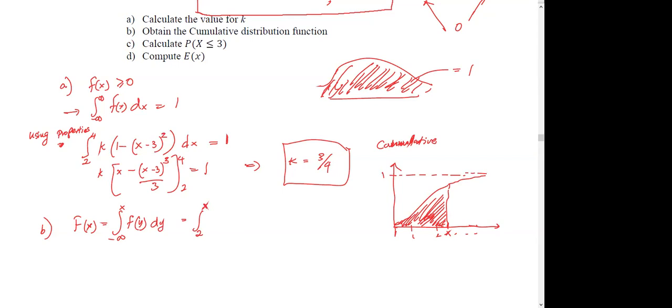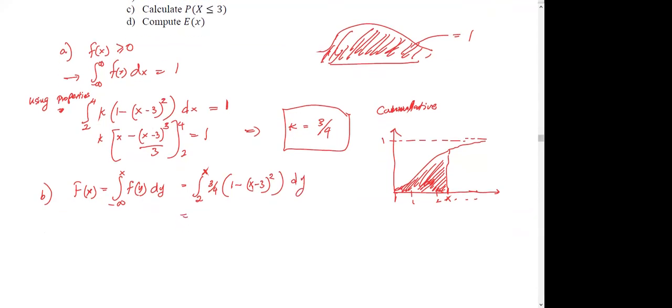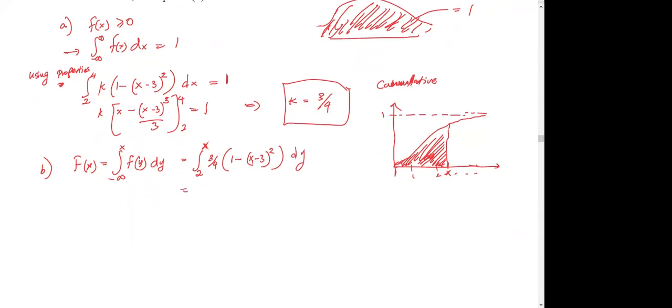You know k is 3 over 4, times 1 minus (y minus 3) squared, then dy. Now you can simplify this and find the distribution.